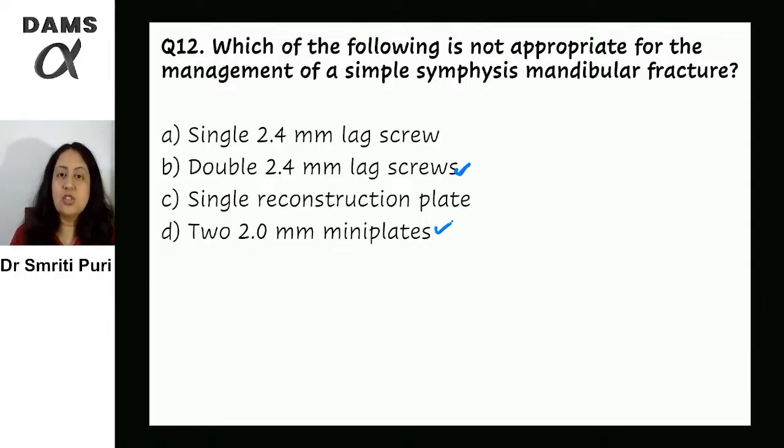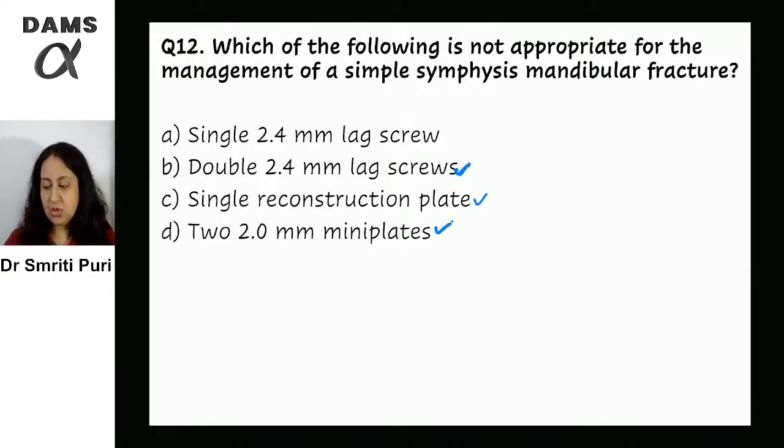So a single reconstruction plate is going to provide more stability as compared to a single lag screw, because a lag screw is just a screw that you are putting in the symphysis. If you have to decide between single lag screw and single reconstruction plate, the reconstruction plate is going to provide much more stability and rigidity.